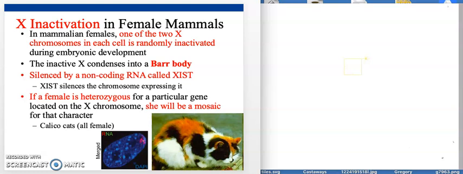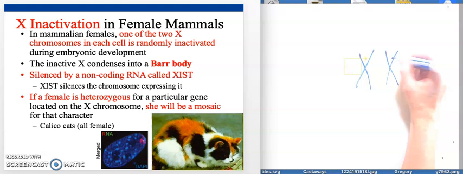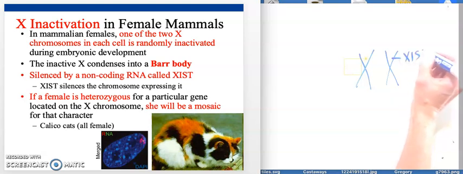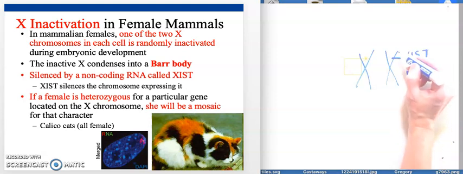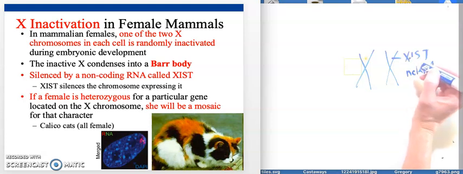A lot of research went forward after this point to validate her hypothesis about X inactivation. It's true that in female mammals we have two X chromosomes. Early in development, one of them expresses a non-coding RNA called Xist. What Xist does is function as an RNA; it doesn't code for a protein.